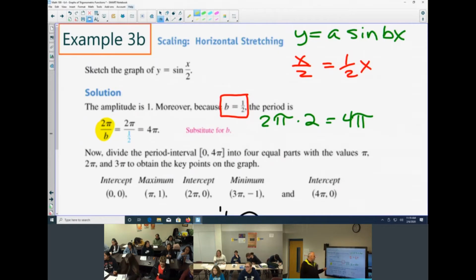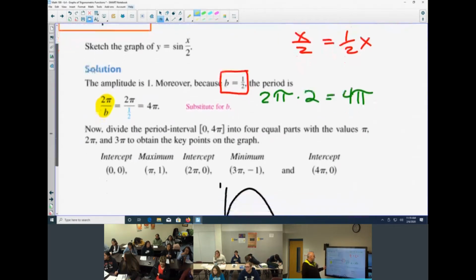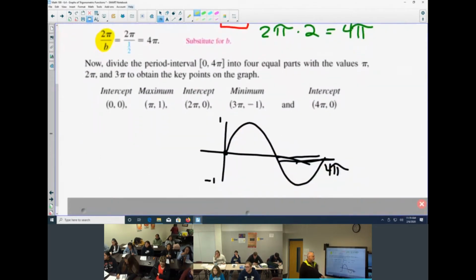So when you make your graph of the sine of x, normally it would complete its period at 2 pi, but now it's at 4 pi.